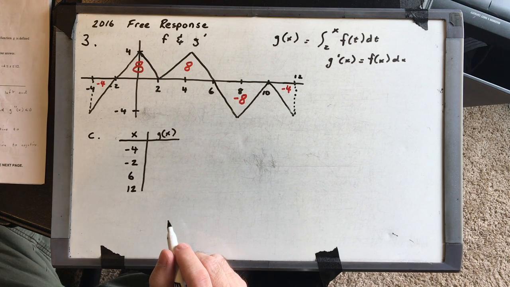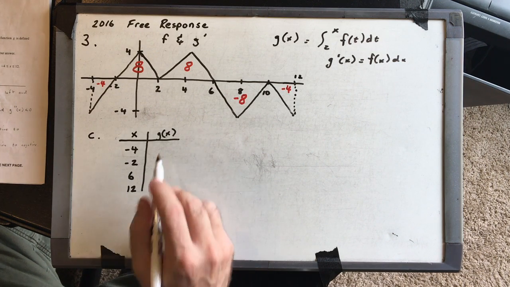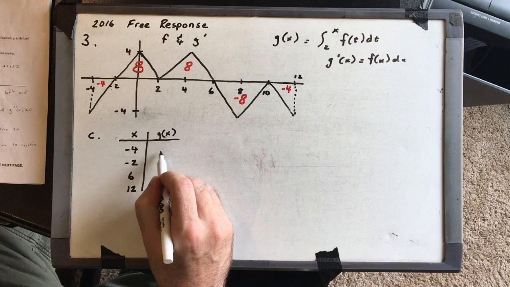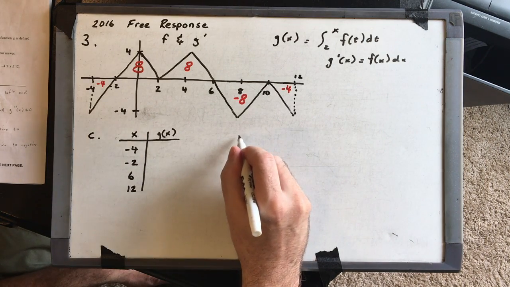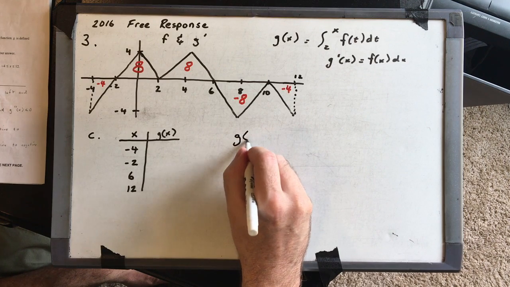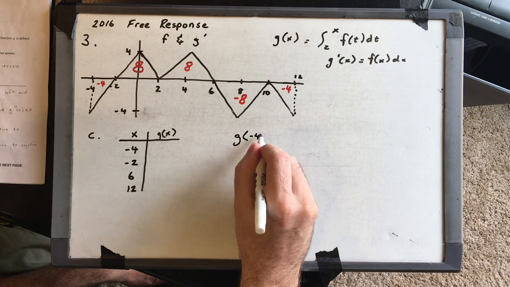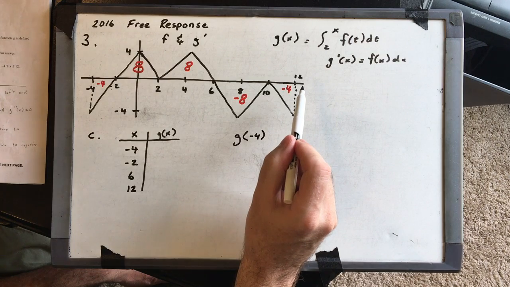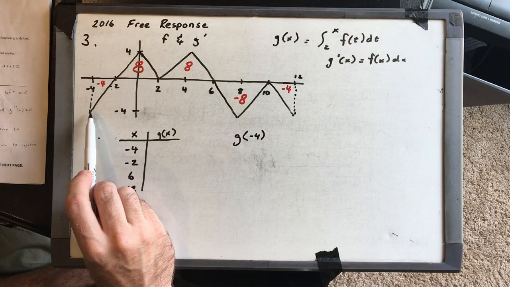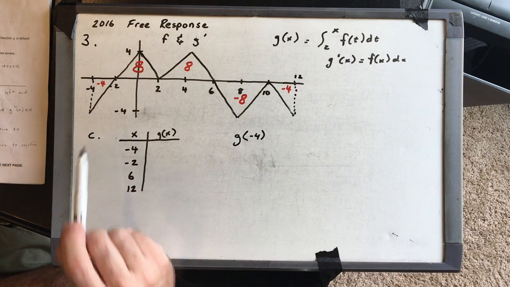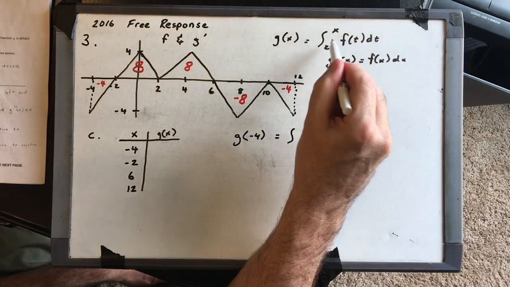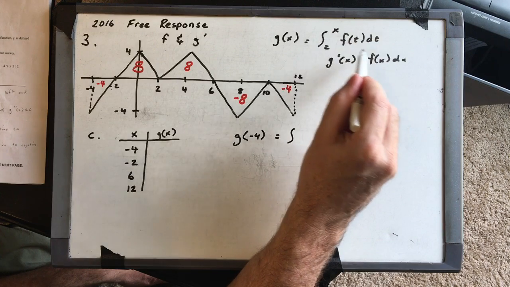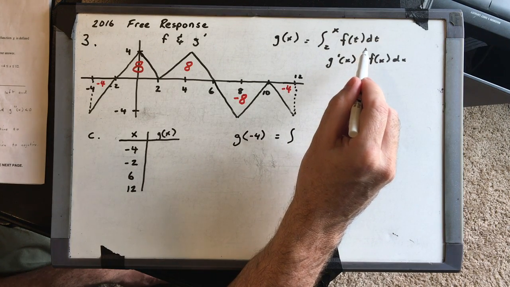Okay, so first let's see what our g of x value is at -4. This is how you do it. It's g of -4, not g prime at -4. We have to get the g of -4, and the way you get that is you use this integral relationship.